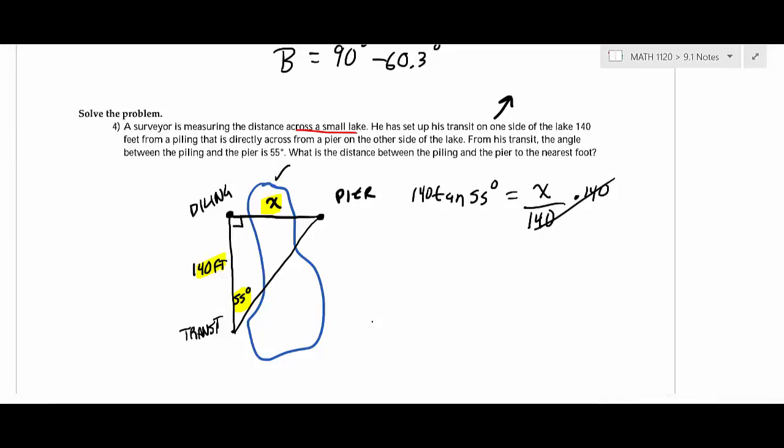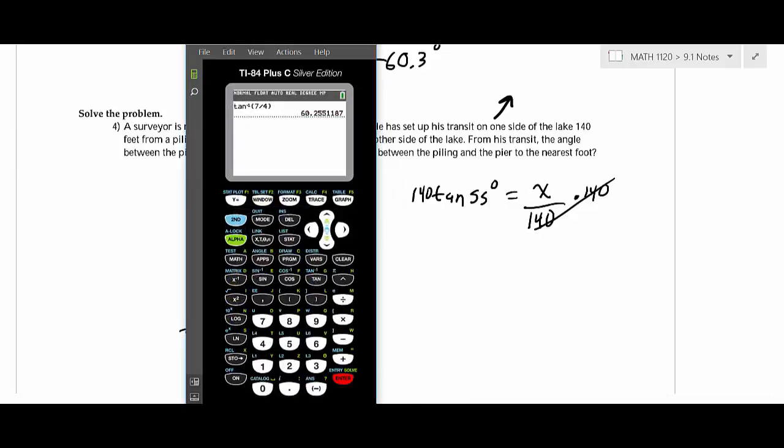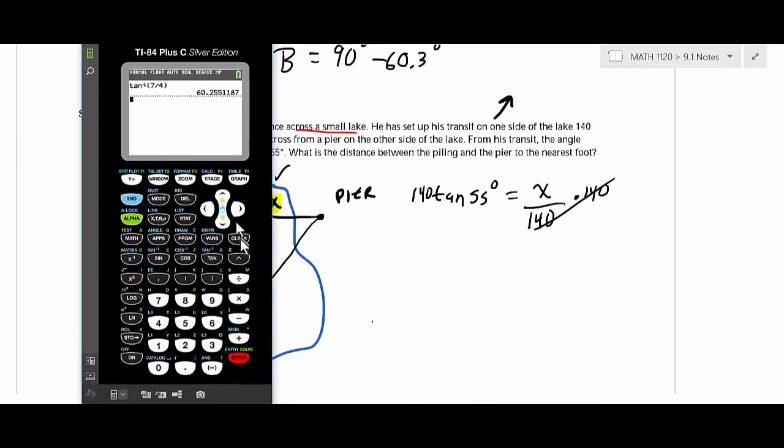And then you're going to use your calculator to figure out that answer. It says round to the nearest foot, so we have 140 times the tangent of 55, and that should give the distance across the lake. So we'll just round that to 200 feet would be the answer on that problem.